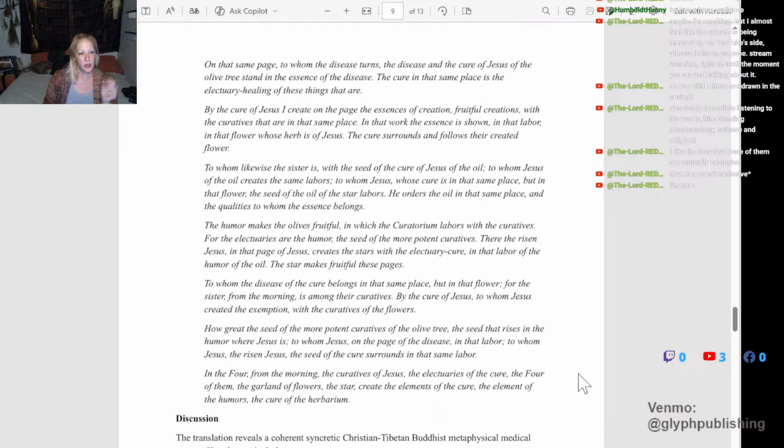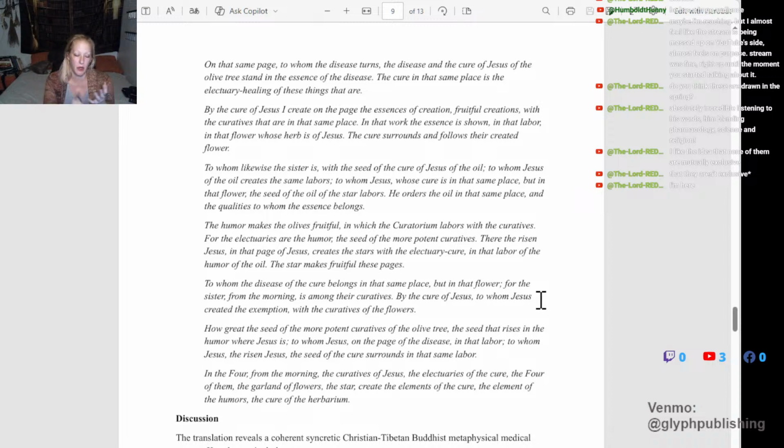It says, to whom likewise the sister is, with the seed of the cure of Jesus of the oil, to whom Jesus of the oil creates the same labors. To whom, or for whom, or by whom, Jesus, whose cure is in that same place, but in the flower, the seed of the oil of the stars labors. He orders the oil in that same place, and the qualities to whom the essence belongs.